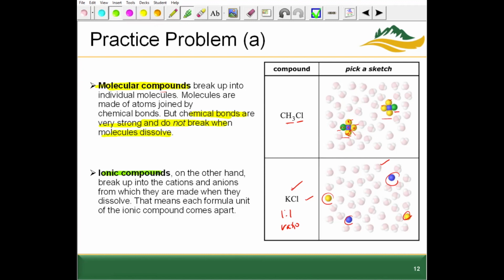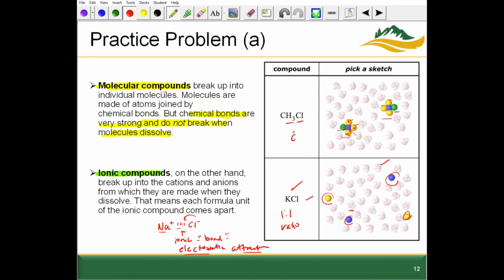Whereas ionic compounds are not really held together by real bonds, right? So Na+ and Cl-, this ionic bond is in quotes here. It's more of an electrostatic attraction or electrostatic interaction. Because ionic compounds like sodium chloride and potassium chloride have an electrostatic attraction, they can more easily dissociate when dissolved in water.